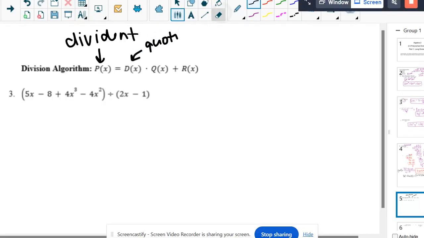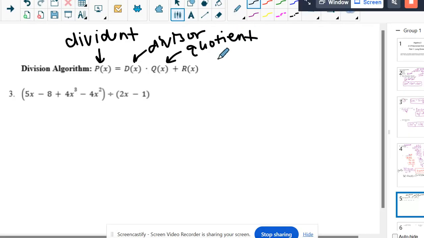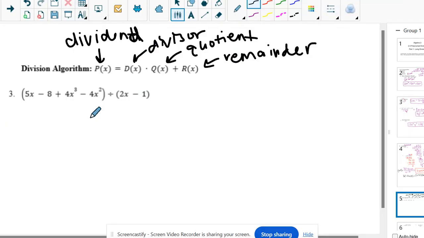Sorry, that would be q of x, obviously, because it's q, your quotient. So your dividend is equal to divisor times quotient plus the remainder. But what we're going to do is the same exact thing. We're just going to keep practicing dividing and writing the answer like the first thing we did.